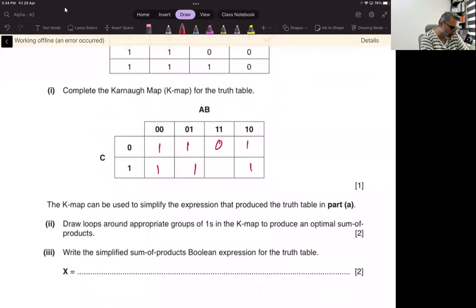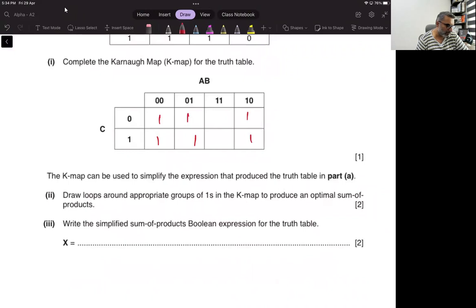You can put zeros there as well, but just to keep this thing clear, we mostly don't put zeros. The K map can be used to simplify the expression that produces the truth table in part A. Draw loops around appropriate groups of ones. So this is one group, and this is another group.